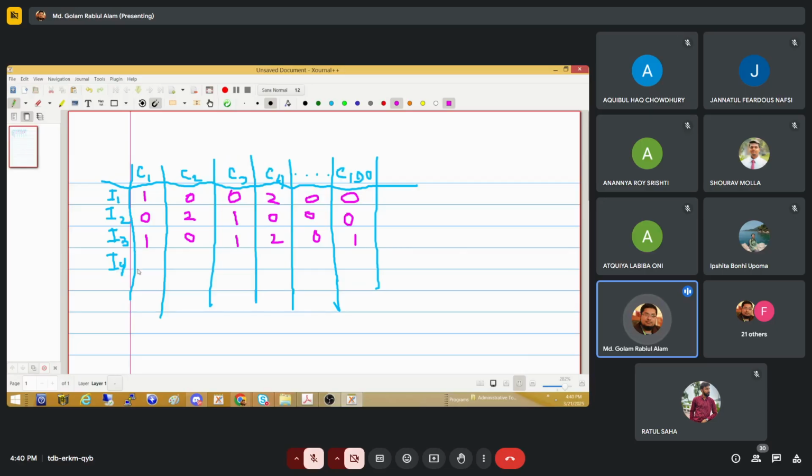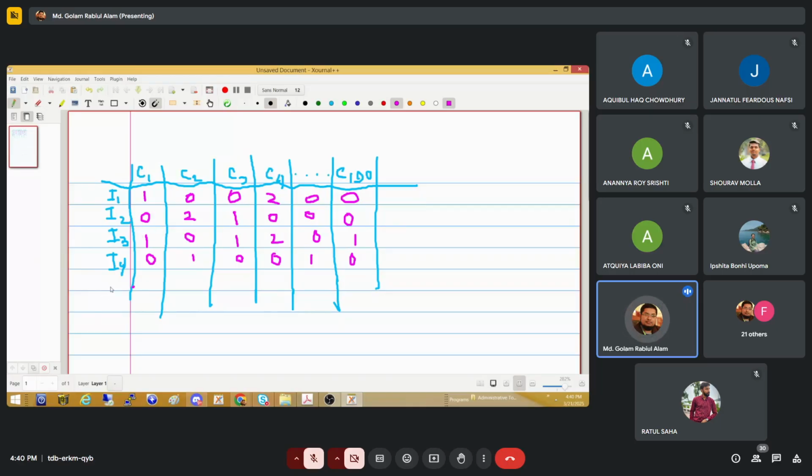And for author 4, maybe no publications in conference 1, 1 publication in C2, 0 in C3, 0 in C4, and the others just 1 and 0, like this. Maybe you can say that this is our data set.